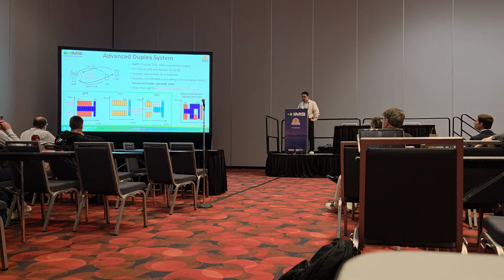Generally, we use much more spectrum band for downlink and a little bit of uplink. But if there is some urgent request, we can do the uplink for user equipment 2. So we can support ultra-reliable low latency communication using this sub-band full duplex.